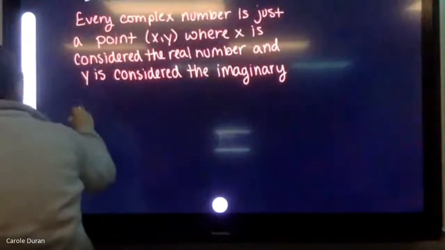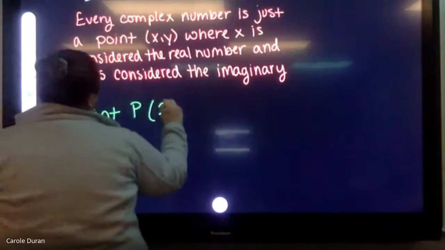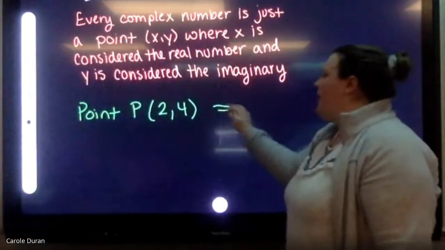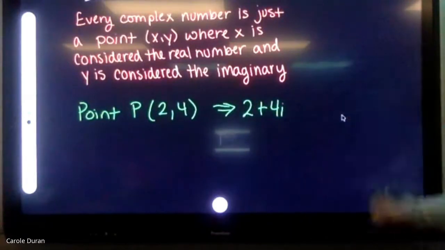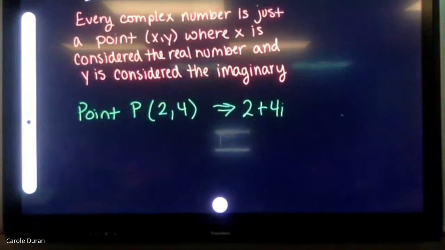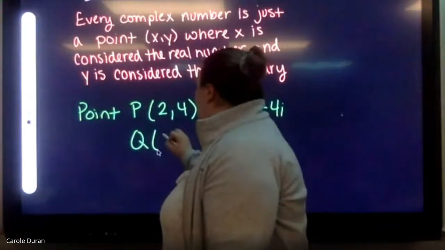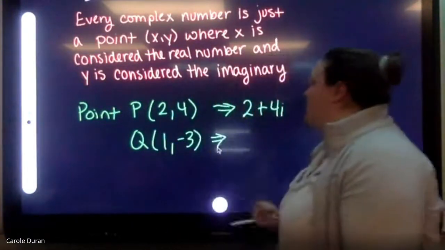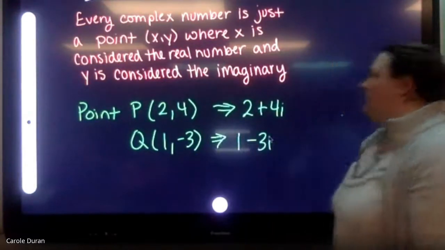So the point P, for example, if we say is 2, 4, this would be the same as the complex number 2 plus 4i. The same thing would apply if I had a point Q that was the point 1, negative 3. Changing that into a complex number, that would be 1 minus 3i.